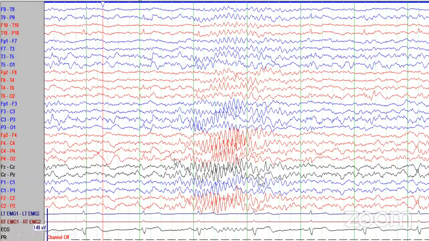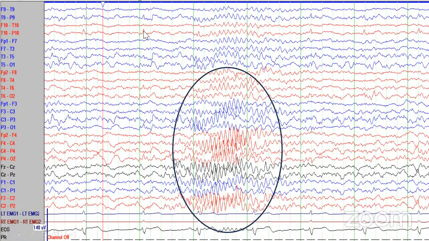So these examples were just to show the normal pattern of transitioning from awake to sleep. Now, an additional finding that you may also take note of in this record is these transients appearing at regular intervals. Now, what are these? If we look down, these are almost time locked with the ECG.